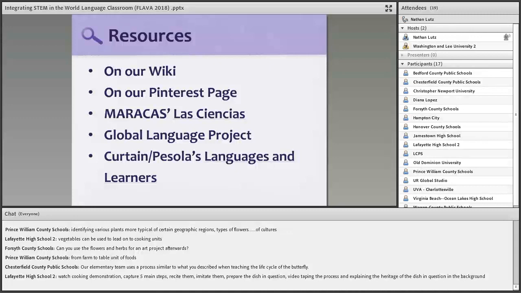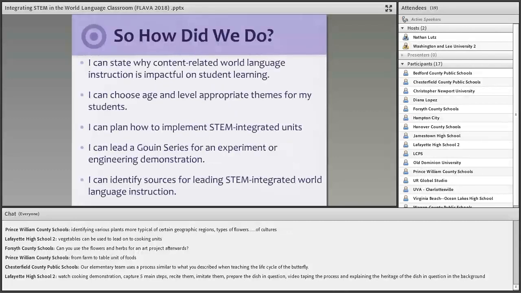Excellent, excellent resource, no matter what level of students that you teach. And do note that Wiki Spaces is retiring in July, so I will need to move those resources, but they will be safe from now until July. So help yourselves to what is there. And then again, I've got some items on my Pinterest page that you can check out.